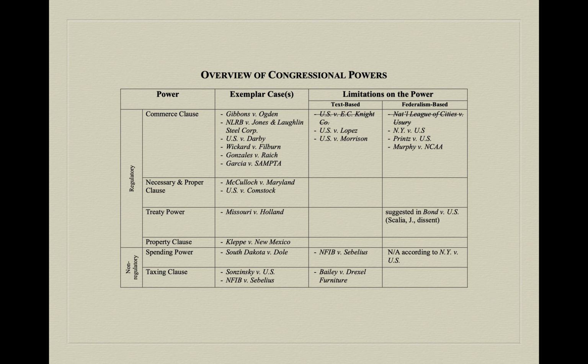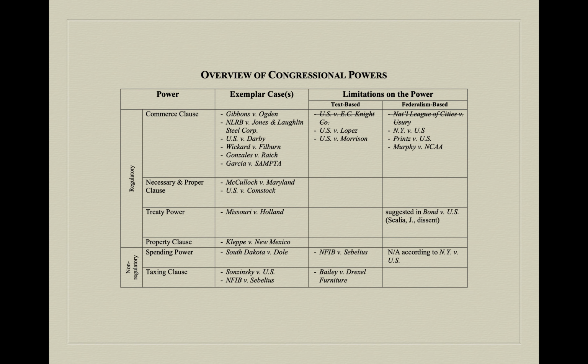The second subcolumn there, the federalism-based limitations on power, are those cases that we've looked at starting the class just before break, Garcia, which I have as a valid Commerce Clause case, and then the cases that we looked at with this week's Monday class, New York, Printz, Murphy.